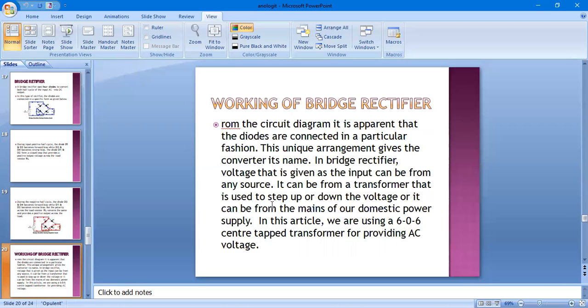It can be from a transformer that is used to step up or step down the voltage, or it can be from the mains of our domestic power supply. In this article, we are using a 6-0-6 center tap transformer for providing AC voltage.